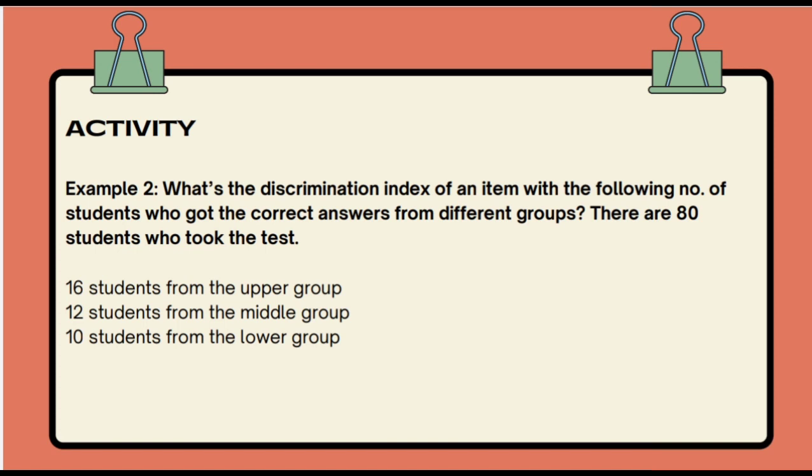discrimination index, at this juncture, let's have an activity. So for your activity, I want you to get one whole sheet of pad paper and answer this example. What is the discrimination index of an item with the following number of students who get the correct answers from the different groups? There are 80 students who took the test, 16 students from the upper group, 12 students from the middle group, and 10 students from the lower group.